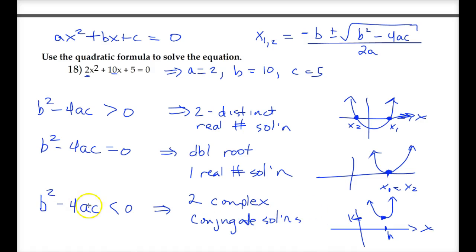Whenever we end up with negative numbers under a square root sign, we're talking about complex numbers at that point. So we can tell from the discriminant what our solutions are going to look like before we even calculate them. I'm going to make some room and then go ahead and do the calculations.